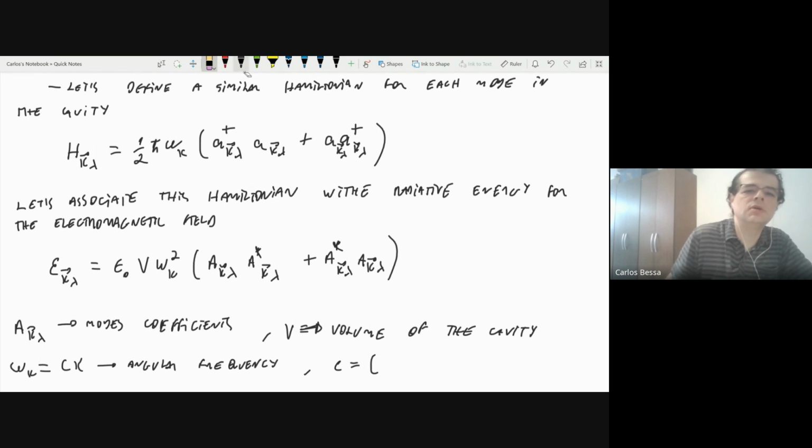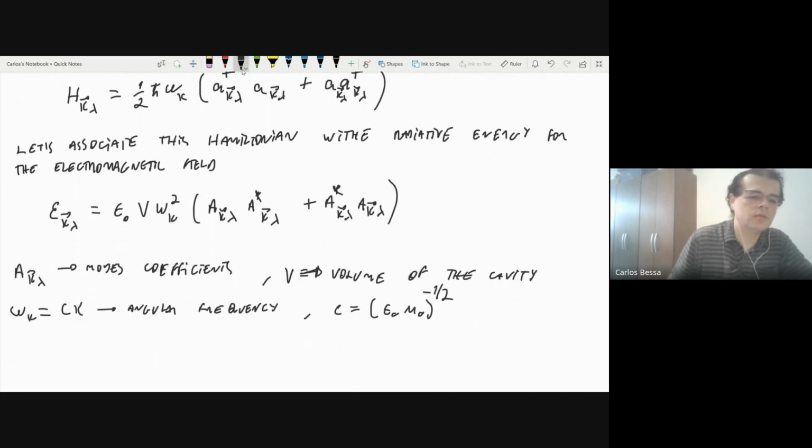susceptibility, epsilon 0 and mu 0. This epsilon 0 here is just the electric permittivity of the vacuum.